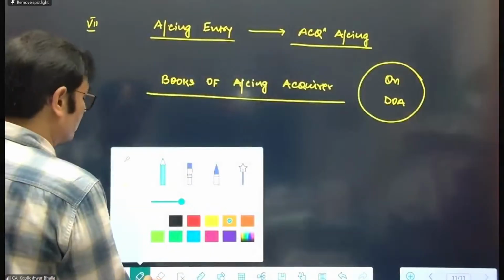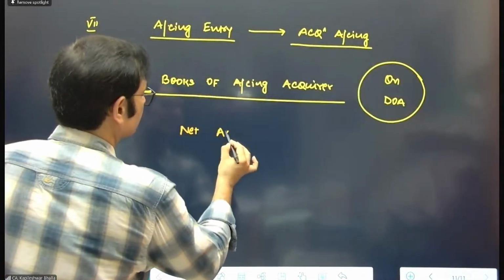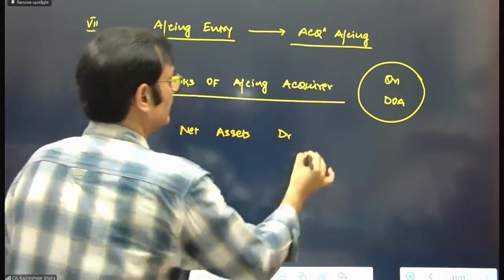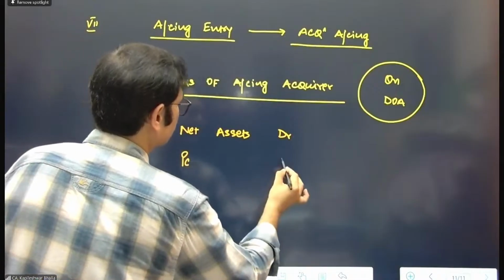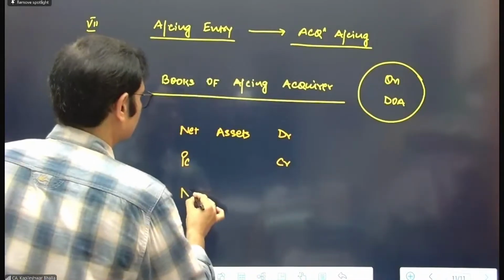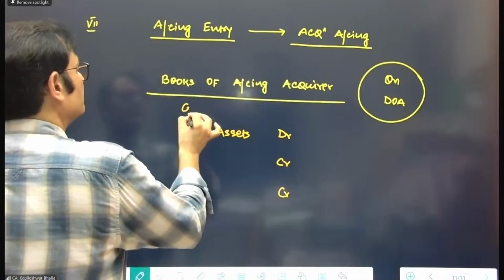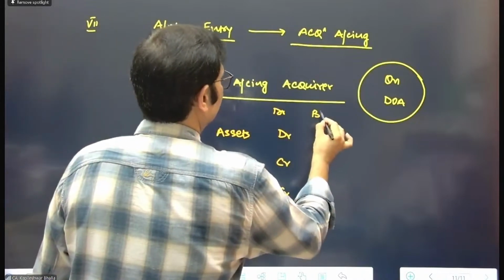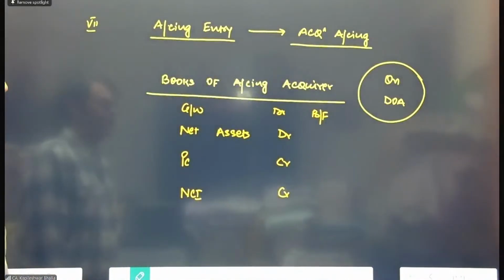The entry which we're going to pass in this particular case is: the net assets will be given a debit, then the purchase consideration gets a credit, the NCI gets a credit, and we generally get goodwill as a balancing figure in this entry. So this is how the journal entry will look broadly.